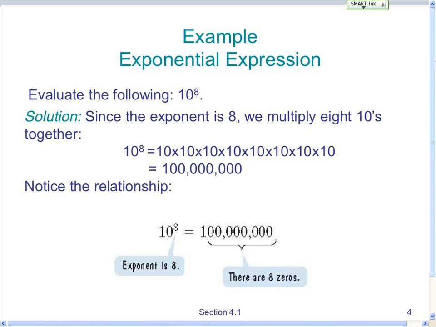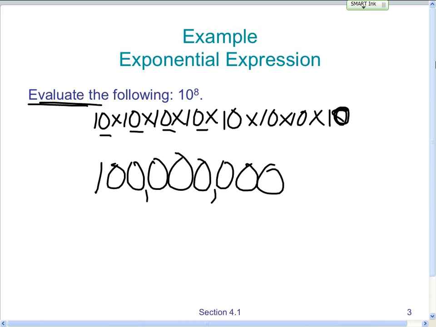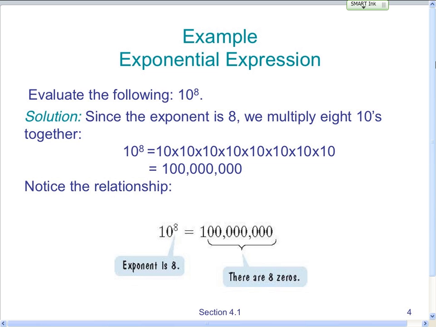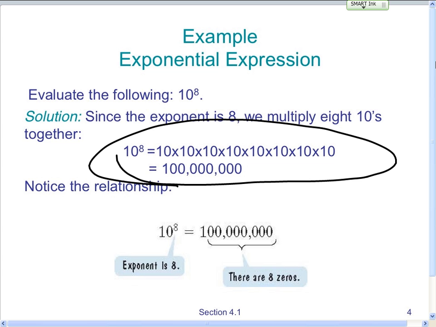Now when we're going through these videos, what I do is I try and work the problem out, explaining what I'm doing as I go along, and then usually the next slide is the problem worked out, typed up very nicely. This would be something that the textbook publisher came up with.